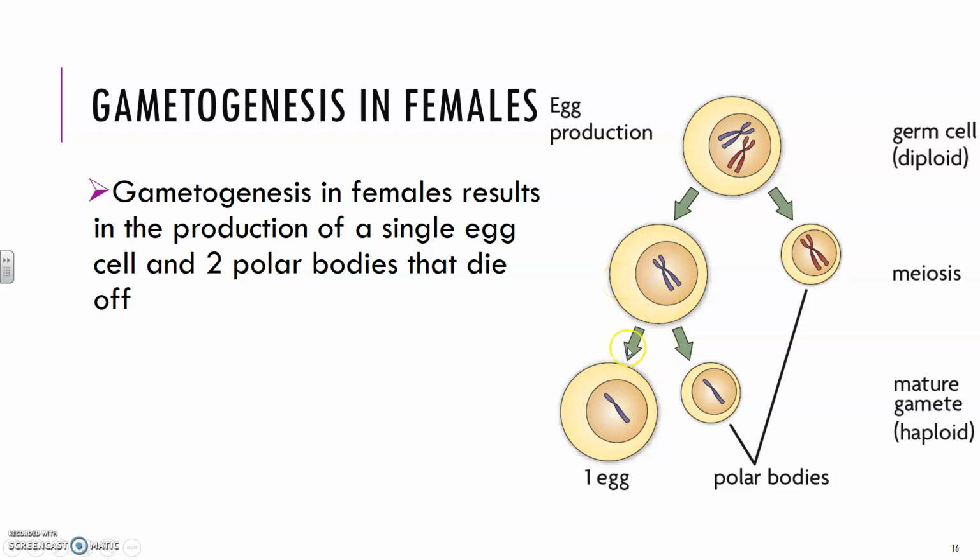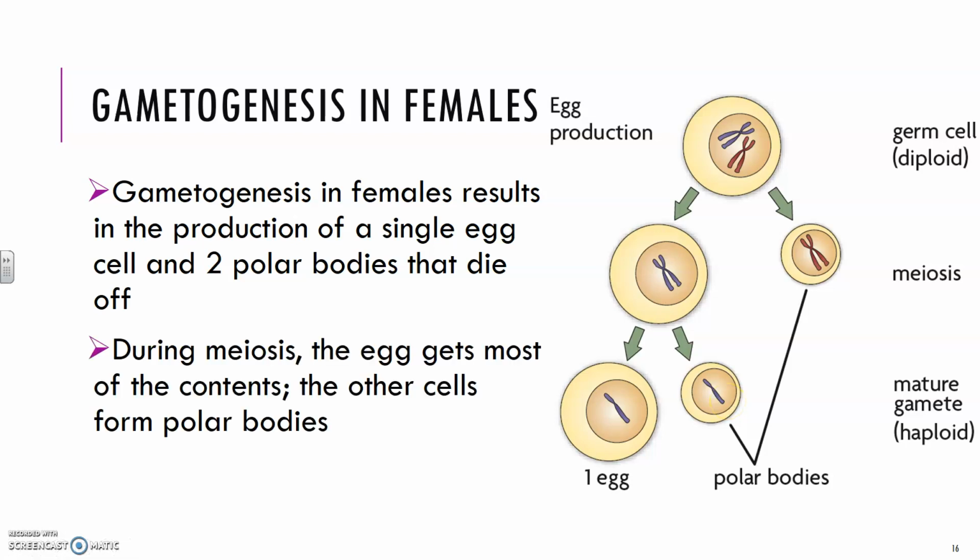The part that's actually going to develop into the mature egg cell is going to take as much of the cytoplasm as it can, leaving another polar body behind, which again is going to die off. So during meiosis, the egg gets most of the contents. The other cells are going to form polar bodies and die.